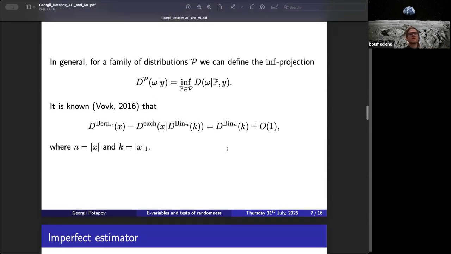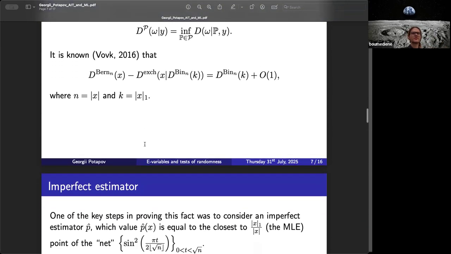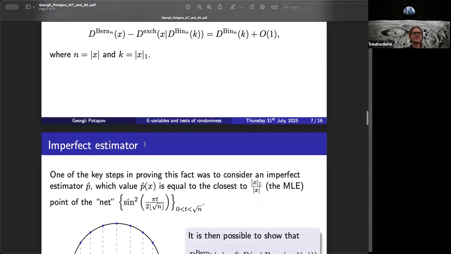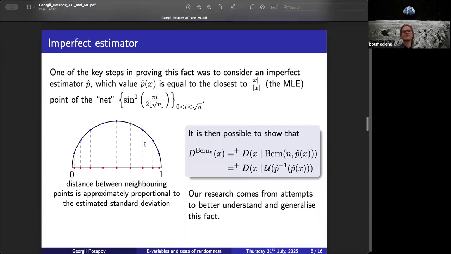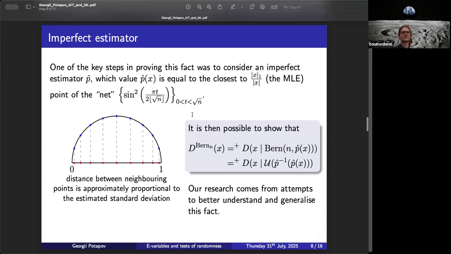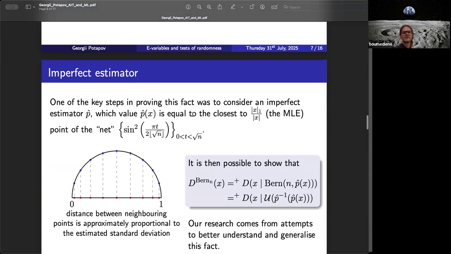This fact by itself is not really important for our discussion. What's important is a step in the proof of this result.